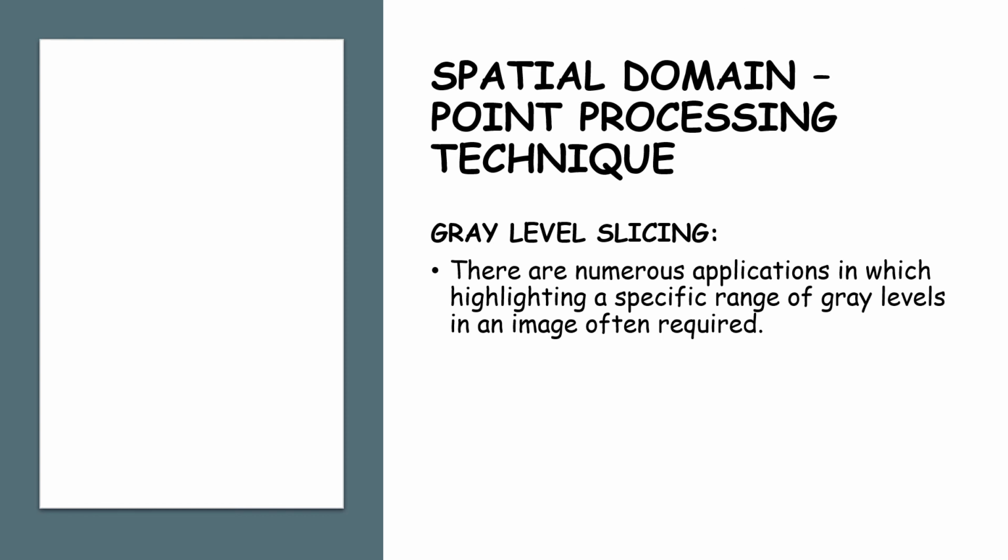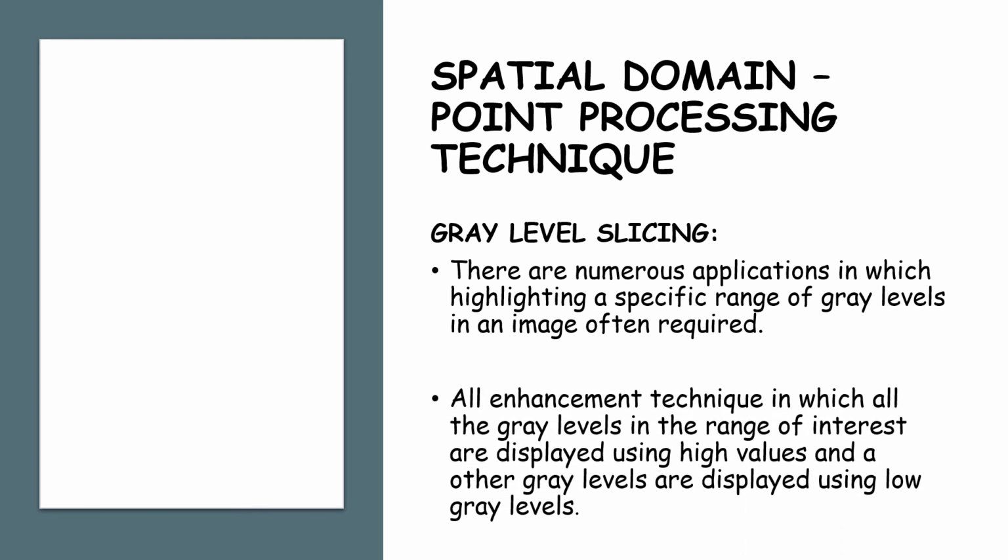There are two basic approaches for doing gray level slicing. In one, all the gray levels in the range of interest are displayed using high values and other gray levels are displayed using low values.